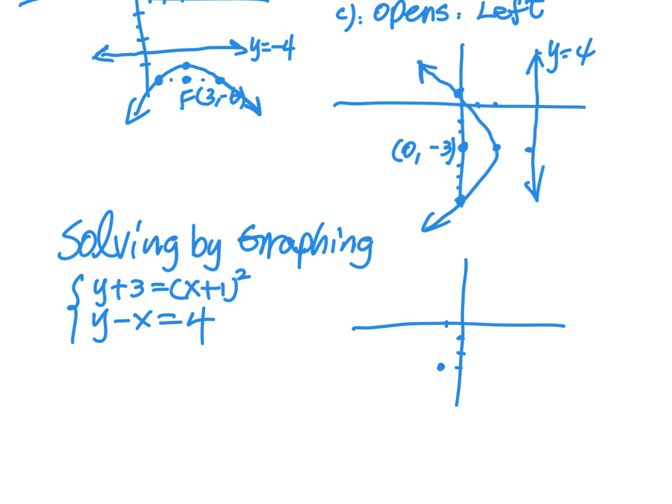The pattern is go up is 1, 1 is right here, 2, 4. 1, 2, 3, 4. And then symmetrical. So your parabola looks like this. Use pattern to do it, okay?